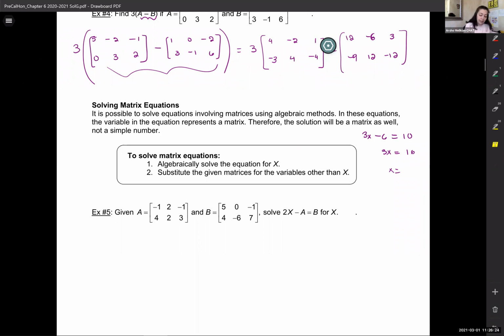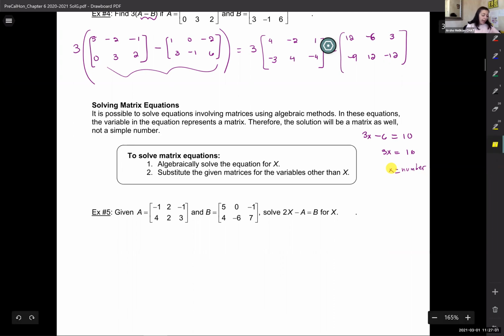When you solved this, everything inside, the 3, the x, all of them are numbers, and you got x equal to another number because this whole thing existed over the domain of real numbers. But you can do the same thing for matrices, except in matrix equations, when you have x equal to something, it won't be a number, it will be a matrix.